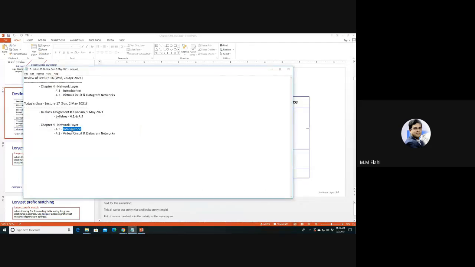So 4.3 is about routing or forwarding table, how a router works, and also there are some other concepts like fragmentation and network address translation. So we will cover this part today.